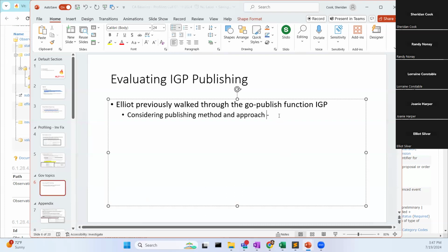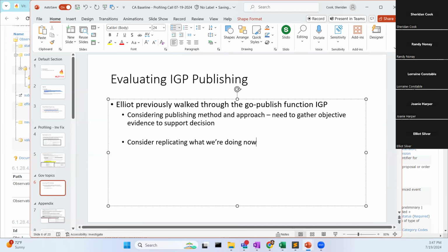I would think that normally the first step would be to try to replicate what we're doing now, right? In which case we're hosting and publishing our profiles on Simplifier, but we're pushing an IG published guide to a website, which in this case happens to be the international CI build, where we have to stop, right?